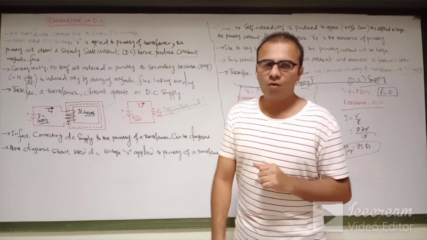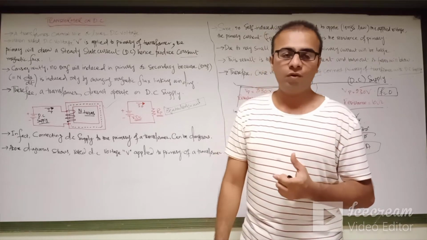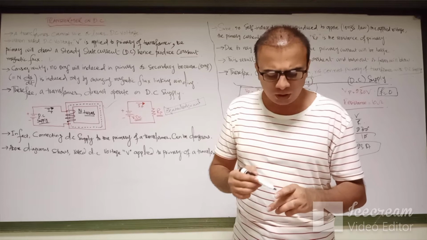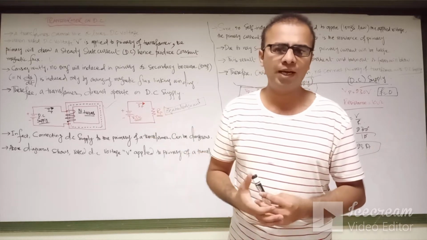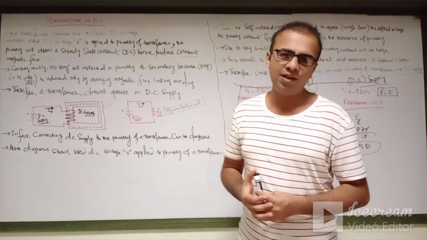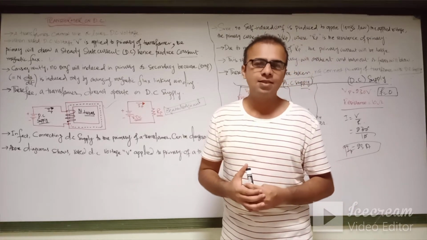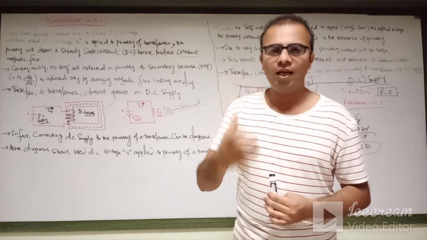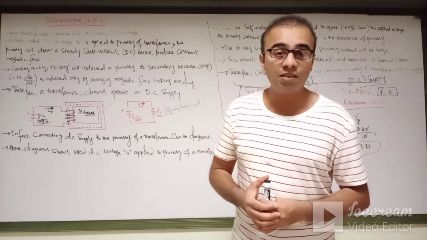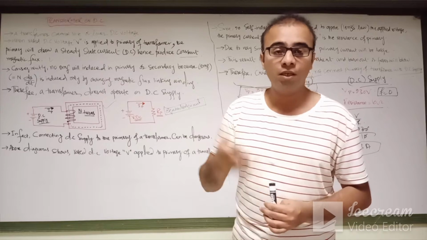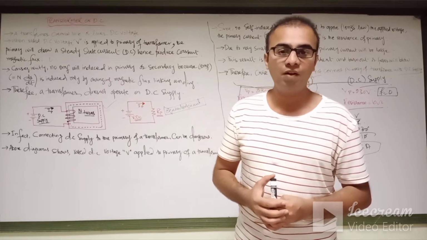For induced EMF, we need to change the flux with respect to time according to the law of electromagnetic induction. Whenever the flux linking with a coil changes, an EMF is induced in the coil. This is the fundamental definition of Faraday's law of electromagnetic induction, which we have already discussed in our previous lectures.